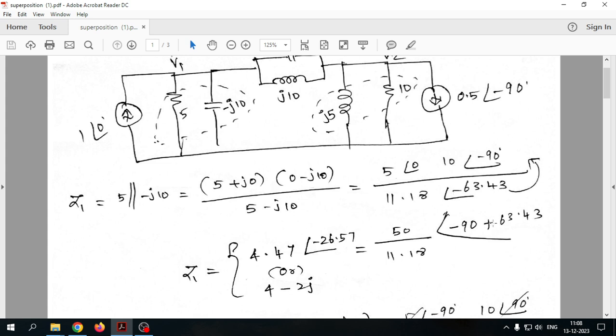Here it is minus 63, so you will get plus 63 in the angle. Normal division happens here, and the value will be 4.47 with an angle of 26.57 after adding these two. In rectangular format, the same value is 4 minus 2j.